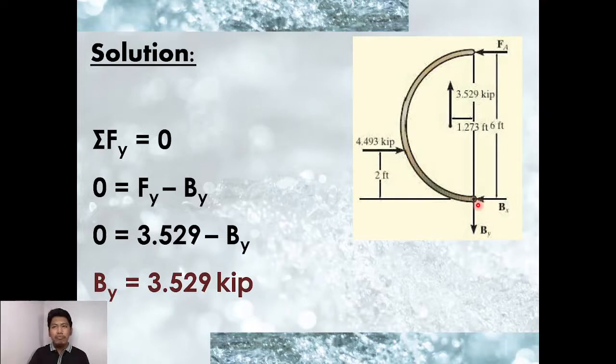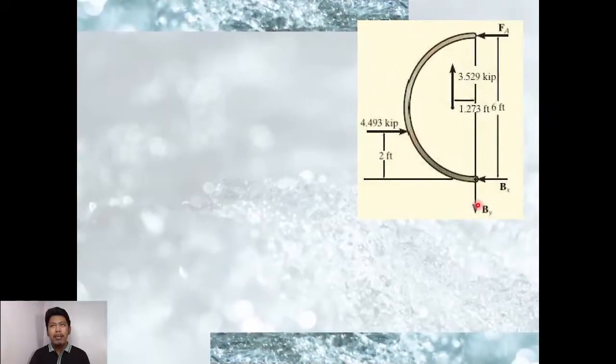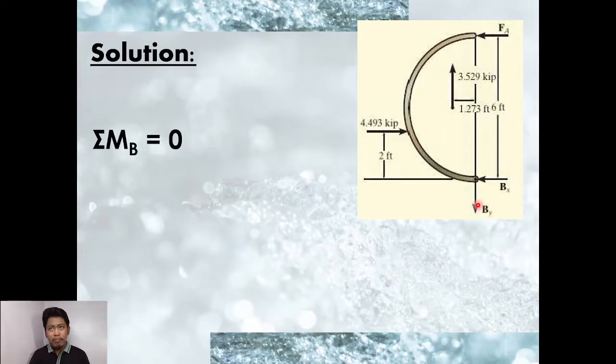Now, let us sum the moments about point B. We will use the notation: counterclockwise is negative, clockwise is positive.